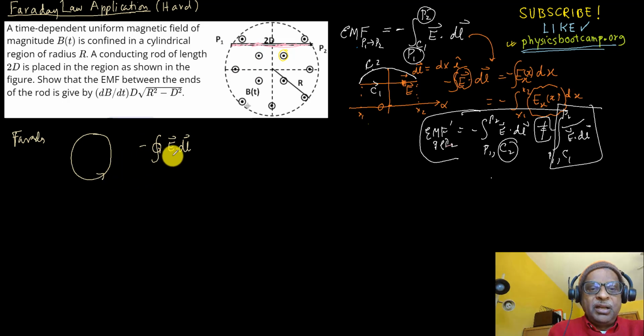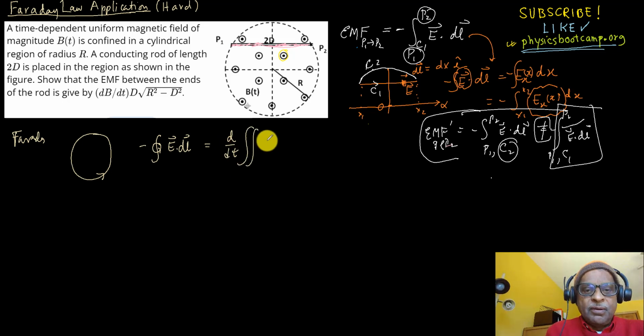So this is the loop, and that will be equal to d/dt of the integral of B dot n hat dA. I usually put the minus on the other side.